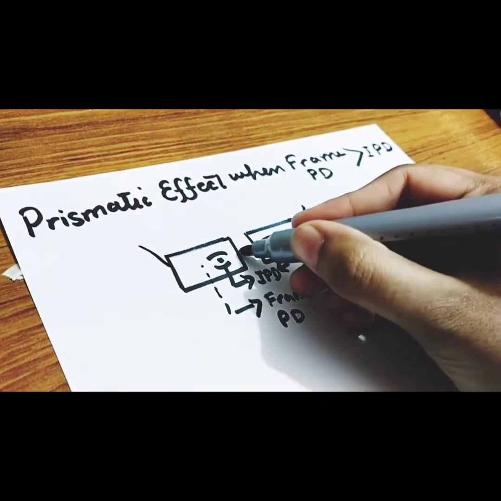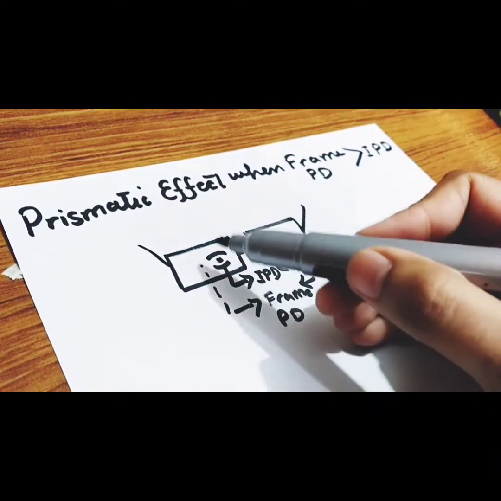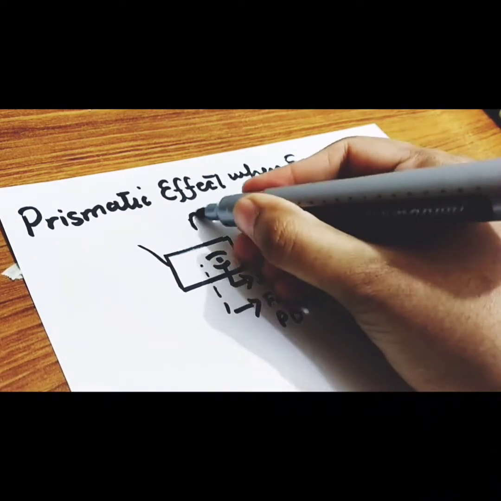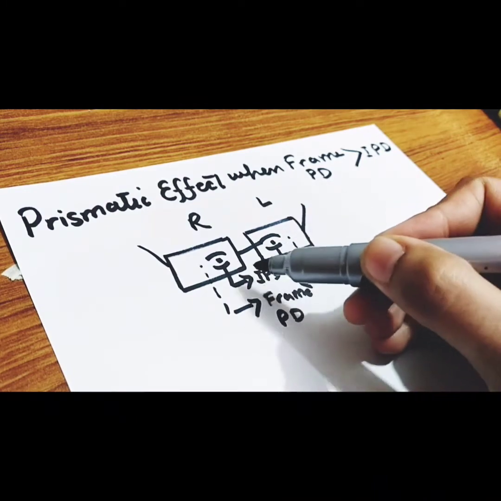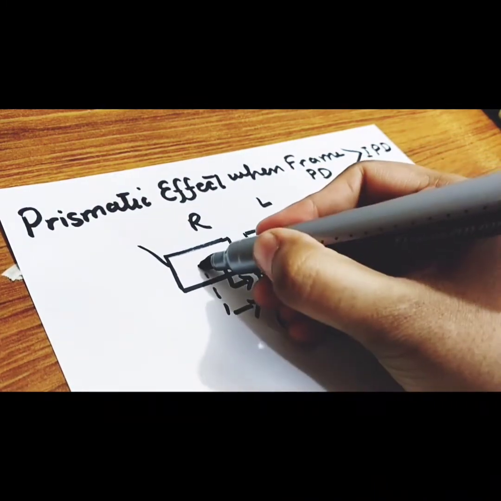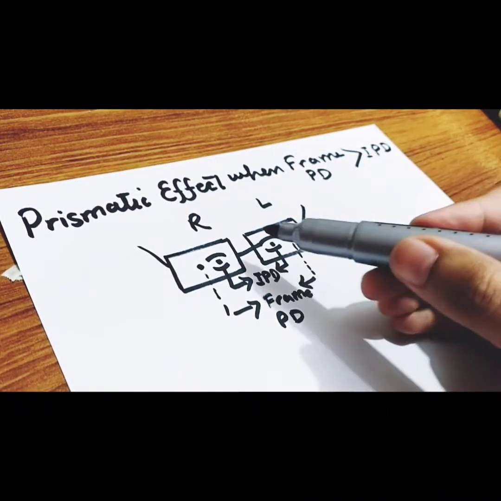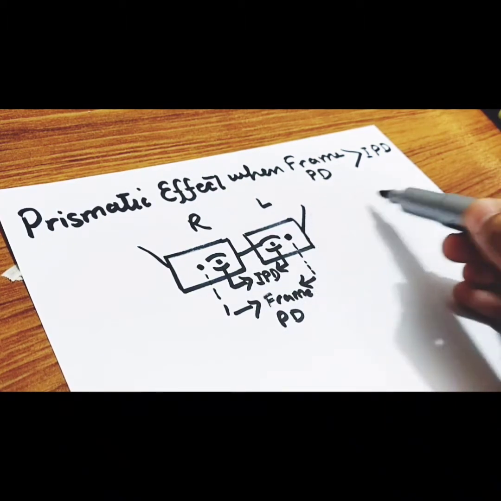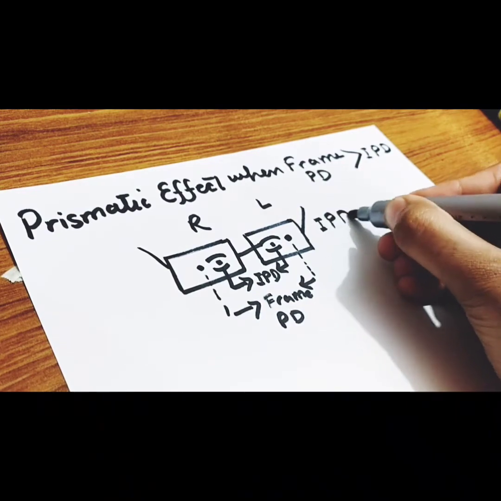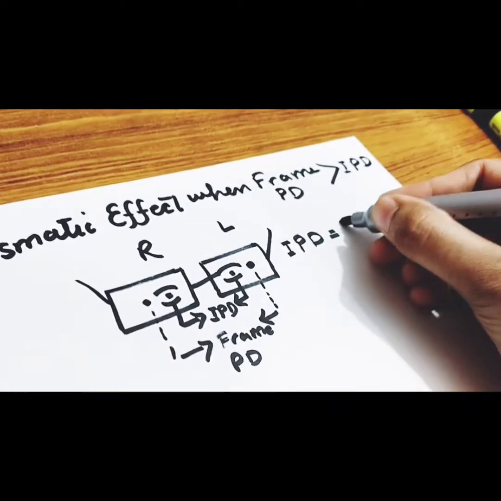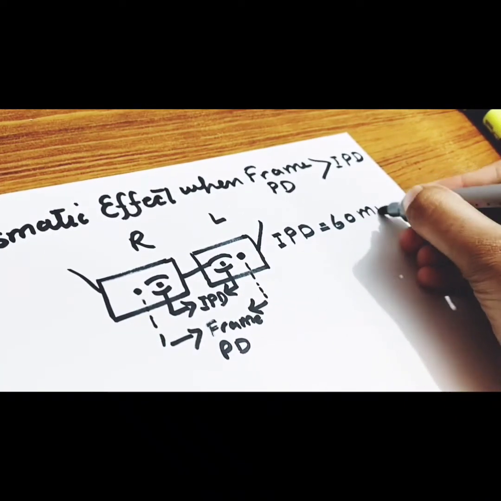This is our diagrammatic representation of an oversized frame and lens, refractive powered glasses. IPD is less than frame PD, as we can see. In this example, IPD is equal to 60 millimeter.